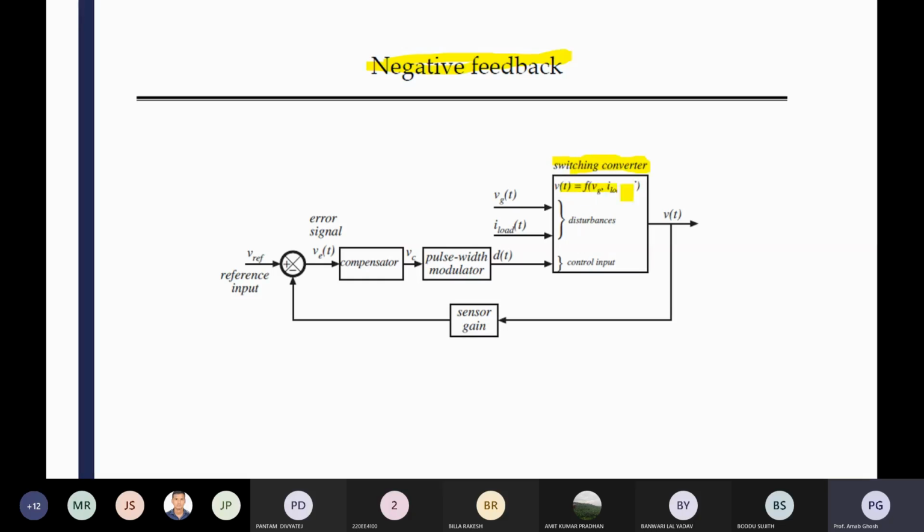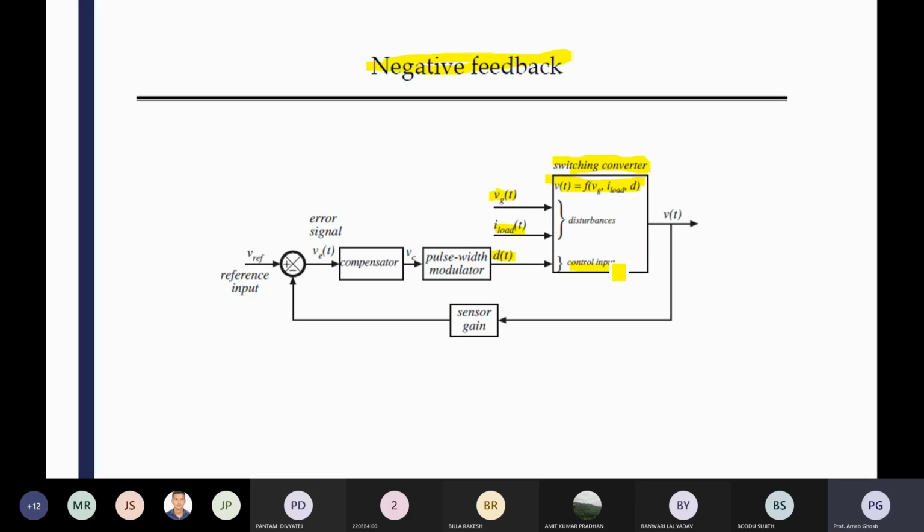When you compute your switching converter, before the practical study, first you need to do the computational study. In that case you can see the blocks I have already discussed: input voltage, output current, and your duty cycle.